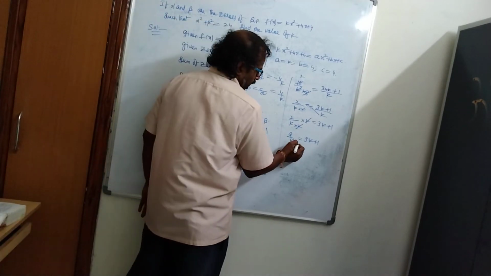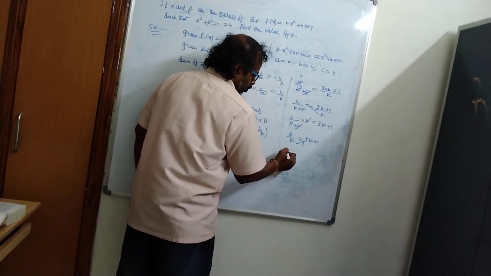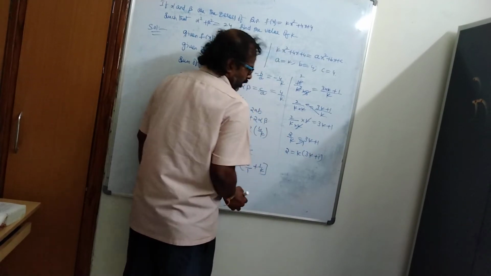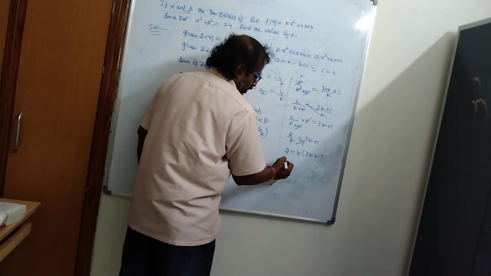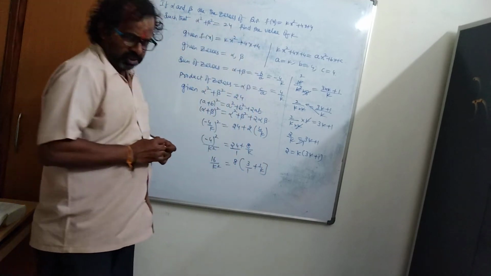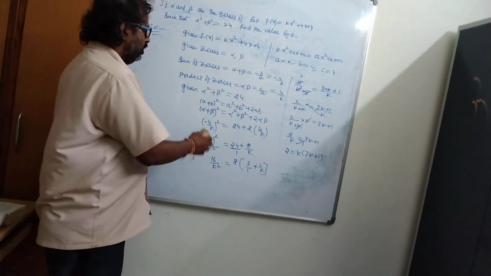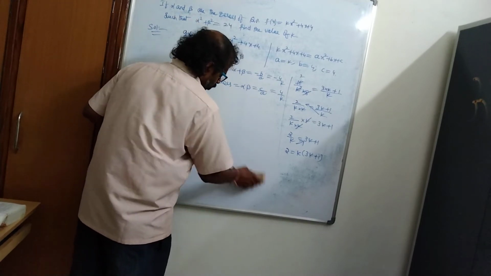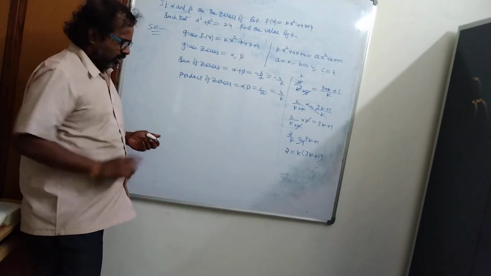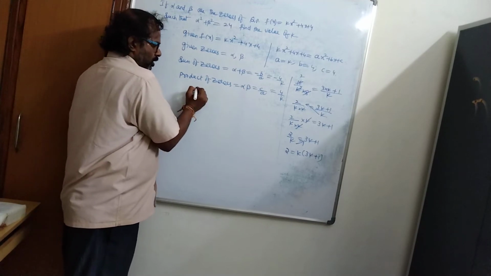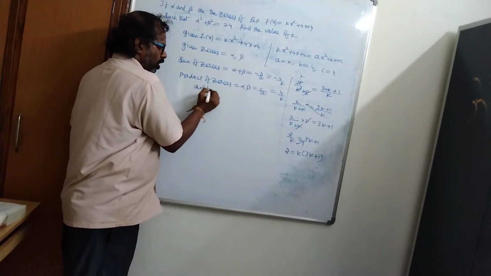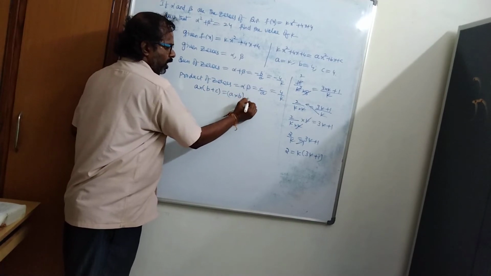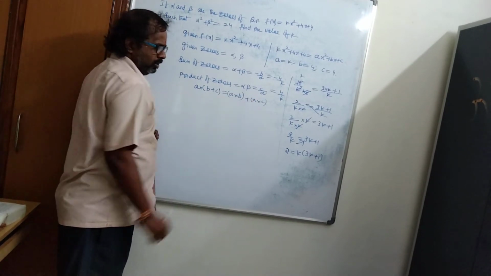Now cross multiply this k. So 2 is equals to k into 3k plus 1. So 3k, already we discussed in one of our videos about the multiplicative distributive property. So what it says is that a into b plus c is equals to a cross b plus a cross c.